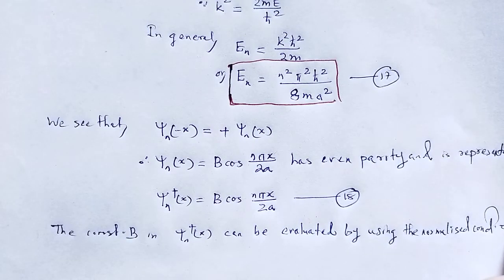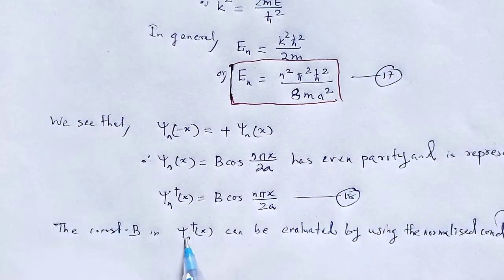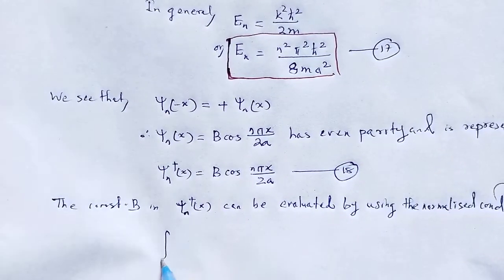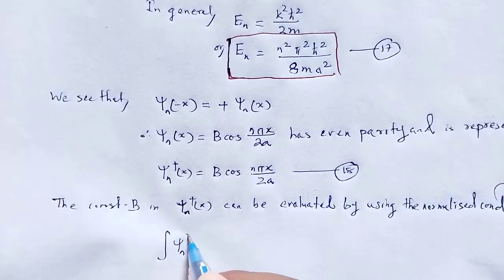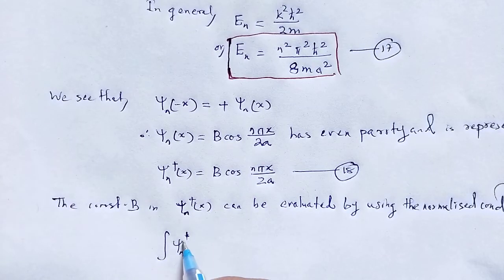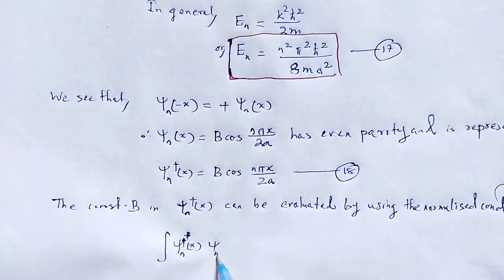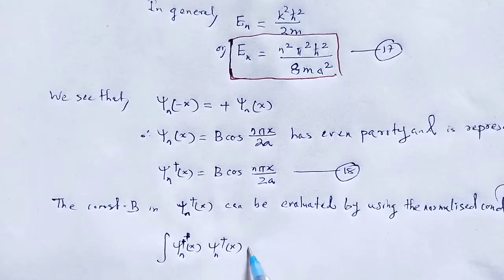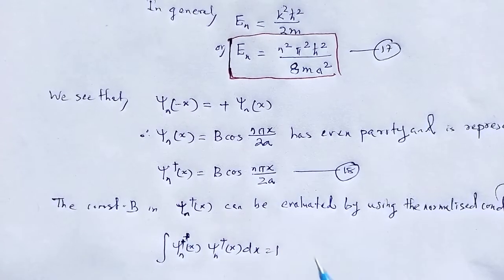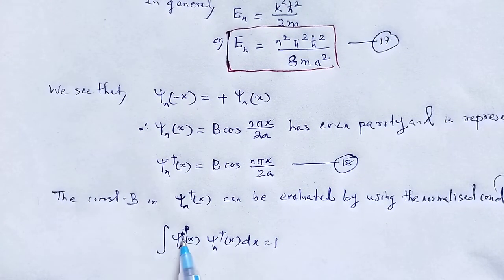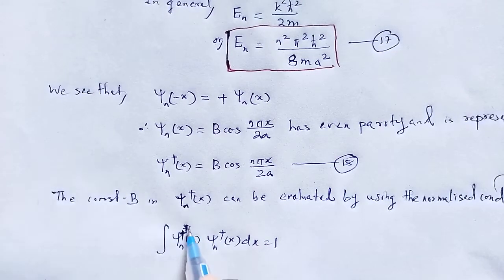That is, we studied the orthogonalization of the parity operators. So the normalized condition: the integration of psi n plus star x psi n plus x dx is equal to 1, where psi n plus star is the plus and its conjugate.